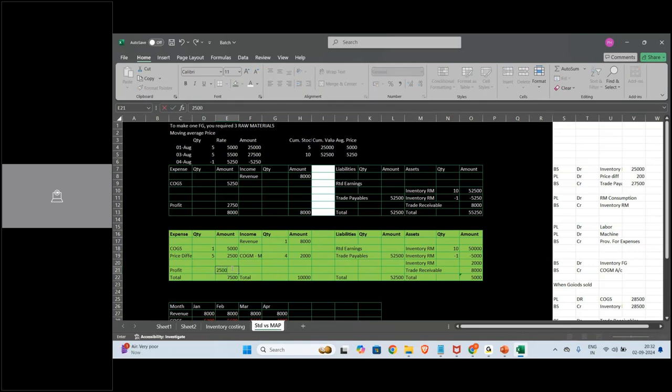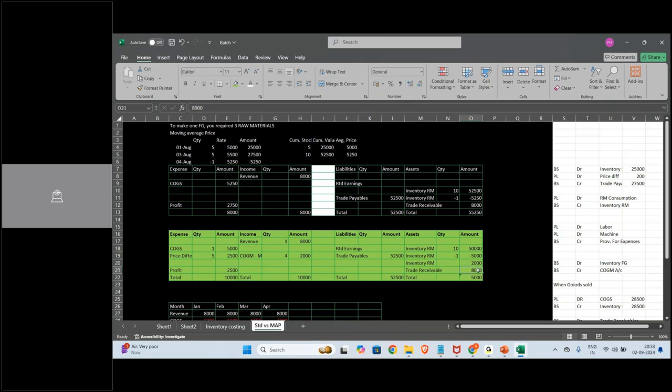So you have got four different profits. Initially, when I did the moving average, it was 3000. Then when I bought the second stock, it became 2750. If I don't remove those price variances, my profit became 500. Then when I ensure that all the price differences are reflecting only for those units which I sold here, my profit became correct here, 2500.